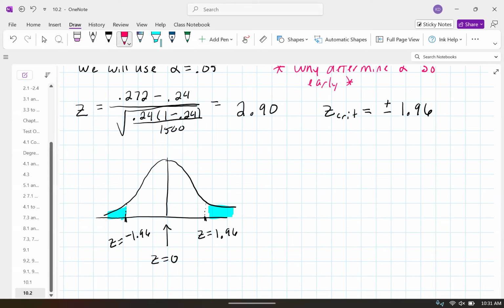So 2.9 is going to be farther over here. So we're in the tails and we're happy. Because if we're in the tails, we can say, okay, we have a significant difference.